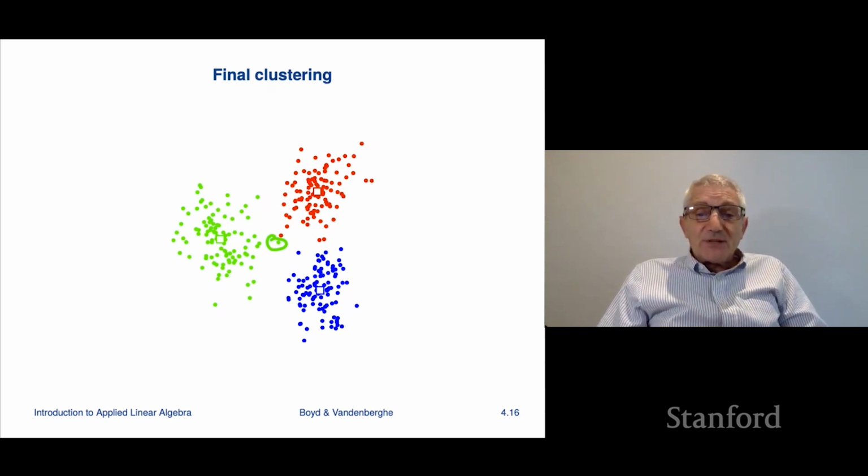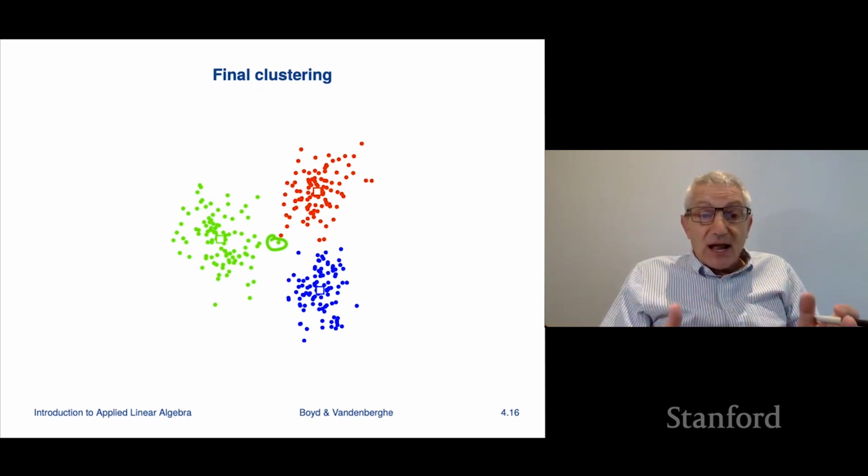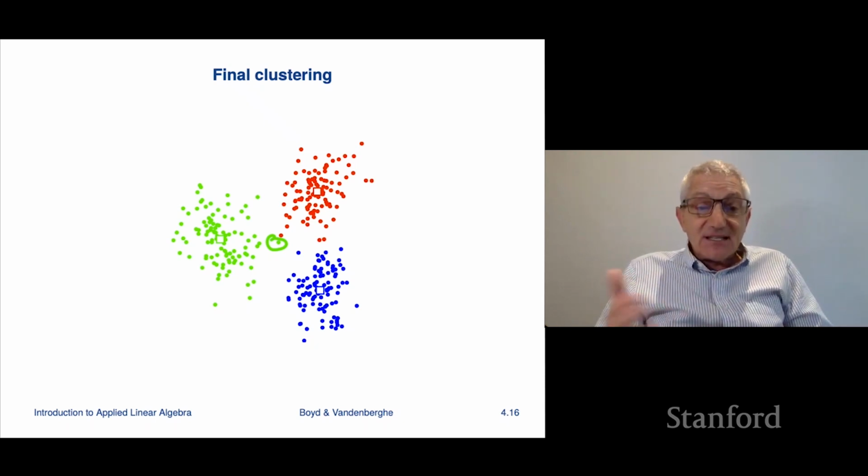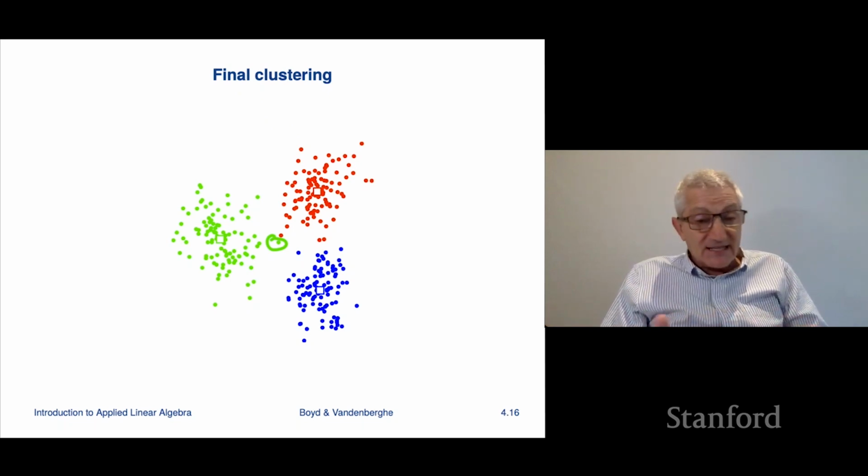Now, of course, this was just to walk you through how k-means works. Obviously, the point of k-means is not to cluster two vectors, because you can do that with your eyeball and a pencil. The point is this algorithm works in dimension 10, 100, 1,000, or 1,000,000.